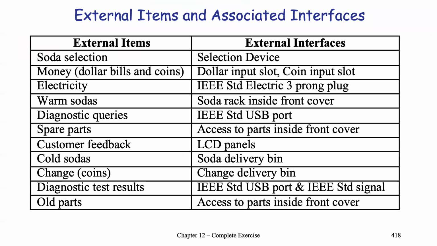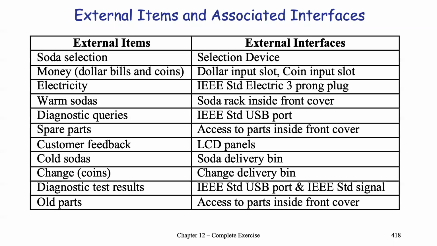Just a few thoughts. Once again, we're trying to focus on a specific example, a soda machine, to give us some idea of this process of doing systems engineering. Here is a table showing the external items and the external interfaces.